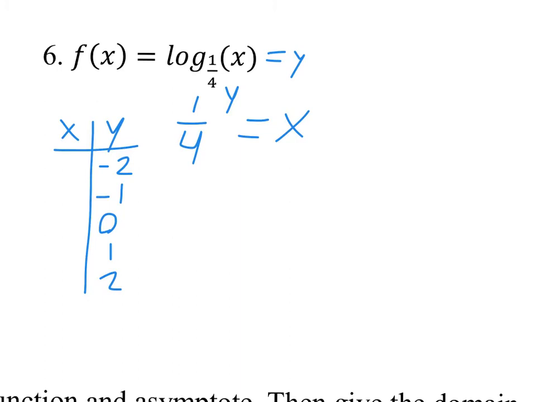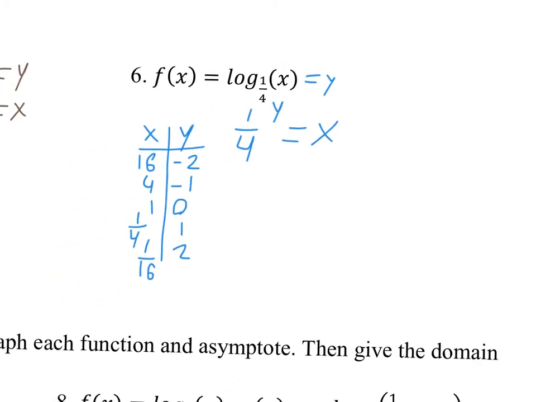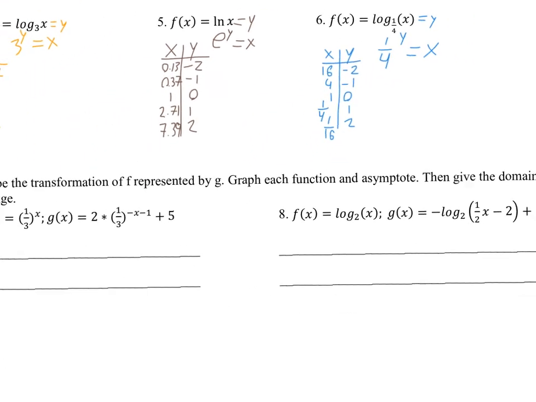For our x's, well, looking at our translated equation, 1/4 to the -2 would give us 16. 1/4 to the -1, 4. 1/4 to the 0, 1. 1/4 to the first, 1/4, and 1/4 squared, 1/16.